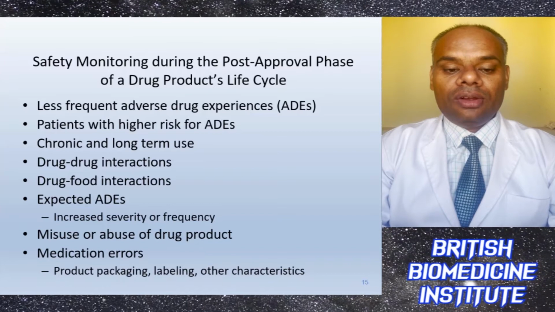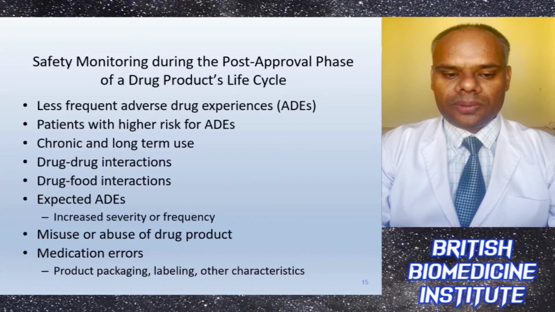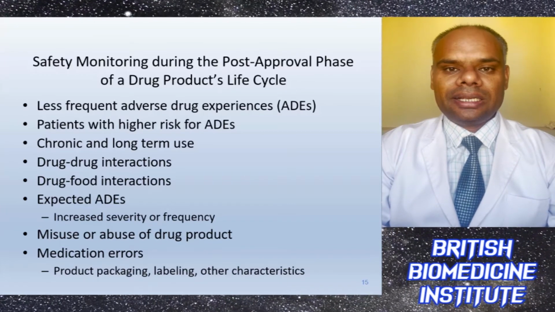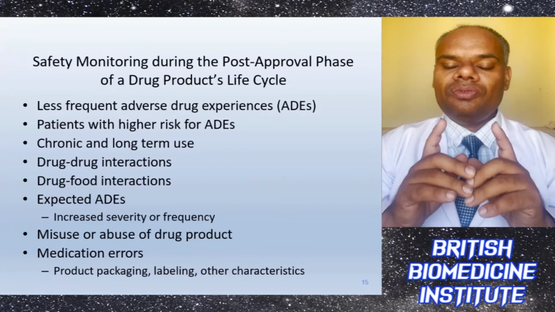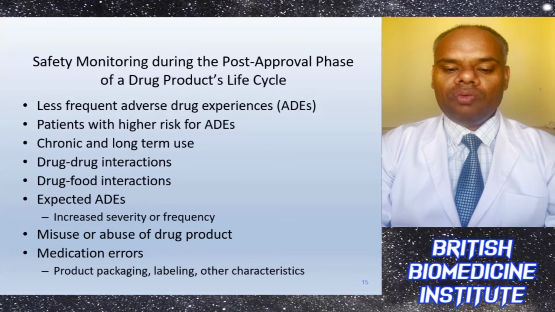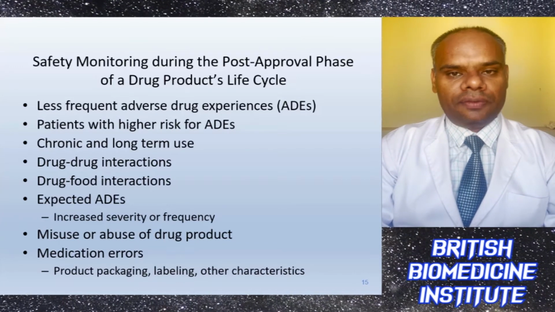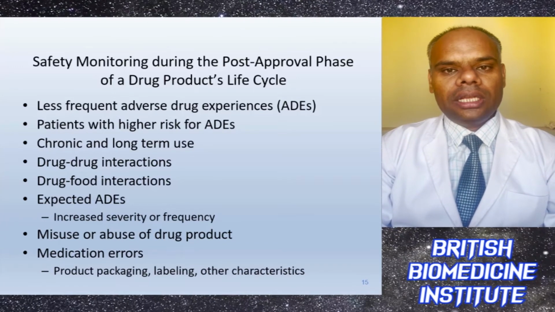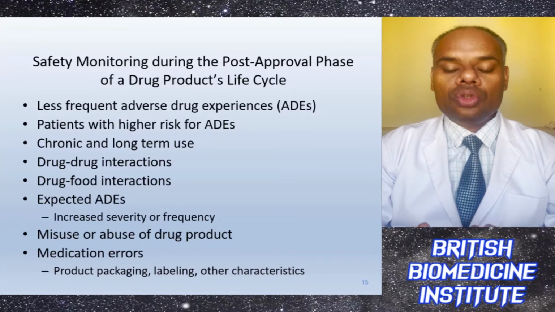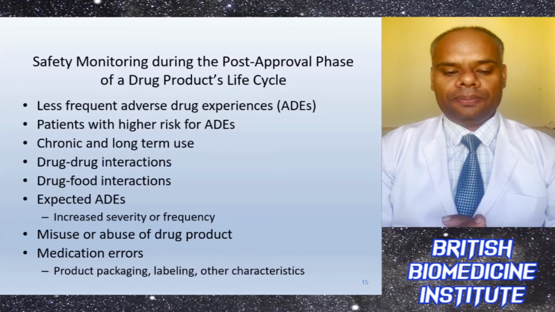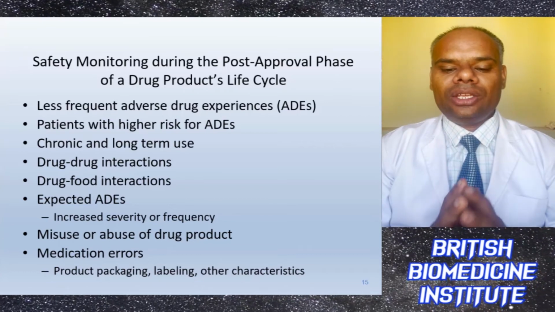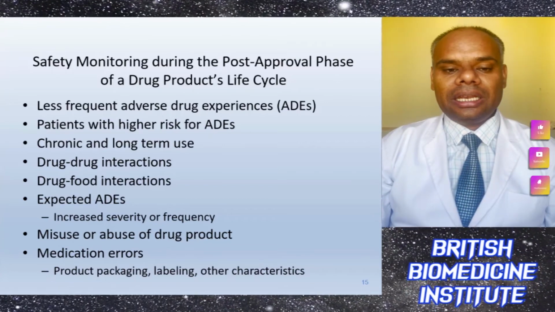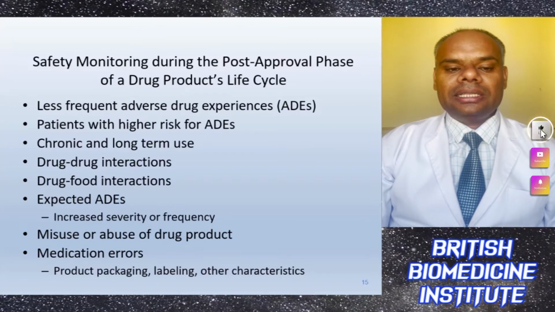There can be chronic and long-term use, drug-drug interaction and drug-food interaction, and we can expect ADE to increase in severity or frequency. There can also be chances of misuse or abuse of a drug product. And due to medication errors, like packaging errors, labeling or other characteristics, the identification of adverse events can again increase.